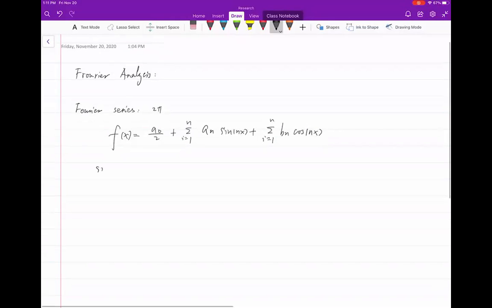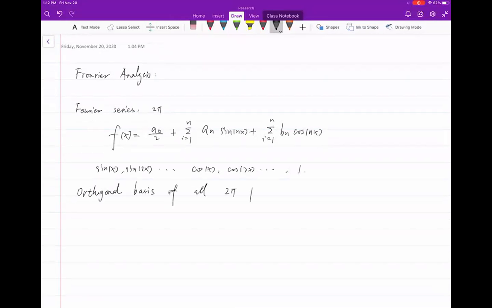So naturally, sine x, sine 2x, and so on, cosine x, cosine 2x, and so on, and finally a constant, form an orthogonal basis for 2 pi period functions.